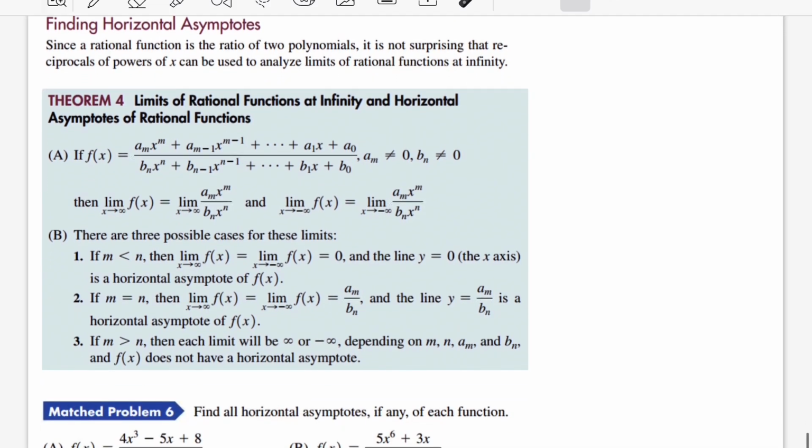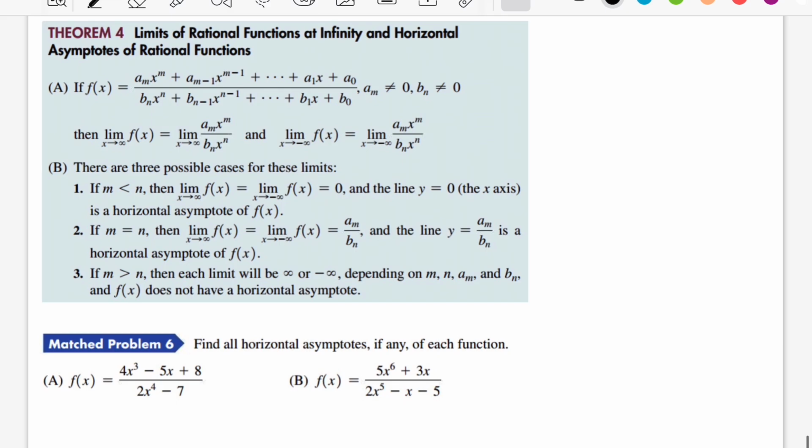And so in these cases, there are three possible cases for these limits. And it's when m is less than n, m is equal to n, or m is greater than n. And so m and n are these guys here. And you don't really have to memorize these. When trying to find the horizontal asymptotes, you'll end up with one of these cases. But let's look at a few examples to illustrate this.